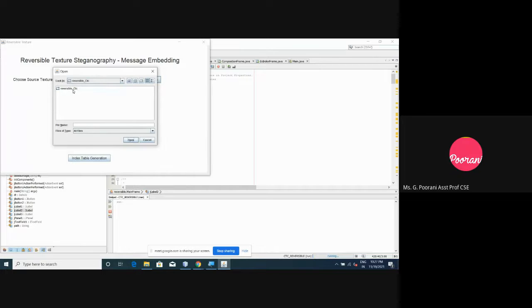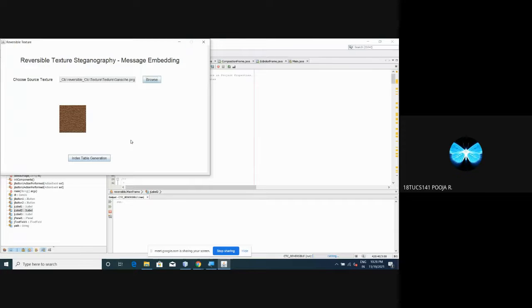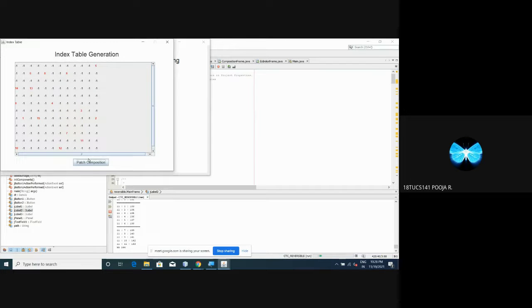What kind of training data have you given in your project? Training data is not a part of this project, ma'am. We have only 4 images in the data set. Those images are used to locate in the index table wherever the CTC attack takes place. This is an example image for the CTC attack. We give this, and index generation takes place.